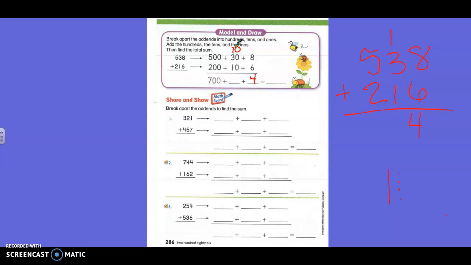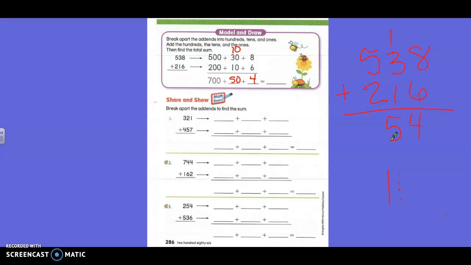Instead of a 1, it's actually a 10. Okay? So it's 10 plus 30 plus 10. So 10 plus 30 is 40, plus that is 50. Okay? Now let's look. Is this 50 also? Or 5? 1, 2, 3, 4, 5.